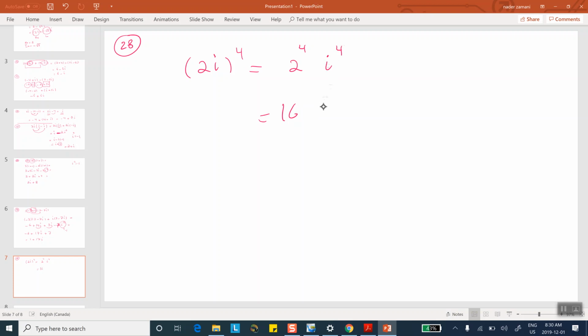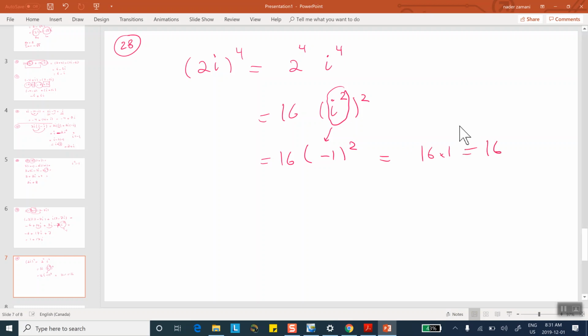Now i to the 4, let me write it like that for you. i squared to the power 2. I don't want you to memorize a lot of stuff, so I'll write it like that. But remember, i squared is minus 1. This guy is minus 1 squared. And this is going to be 16 times 1, which is 16.